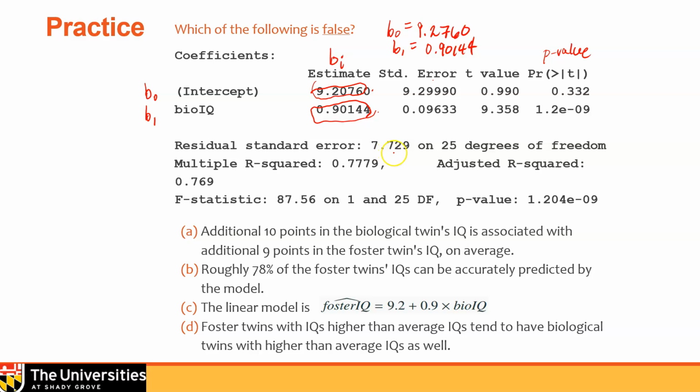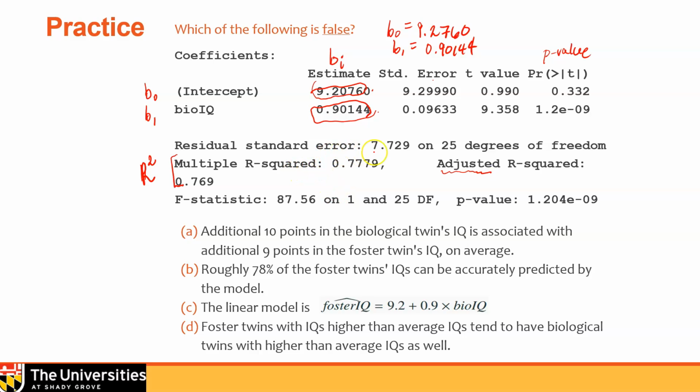Residual standard error is not something we're going to get into a lot. We've got these values that are related to r squared, and this F statistic is going to become more important to us when we have multiple. So here's our r squared and our adjusted r squared. When we talk about multiple, we'll talk about our adjusted r squared.